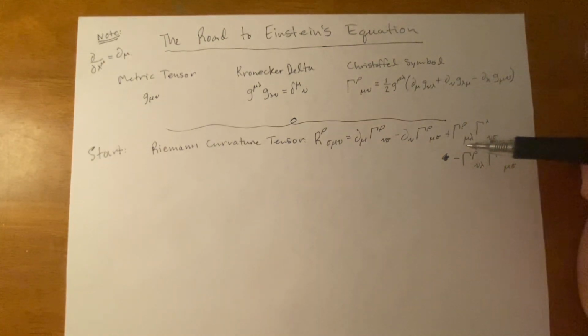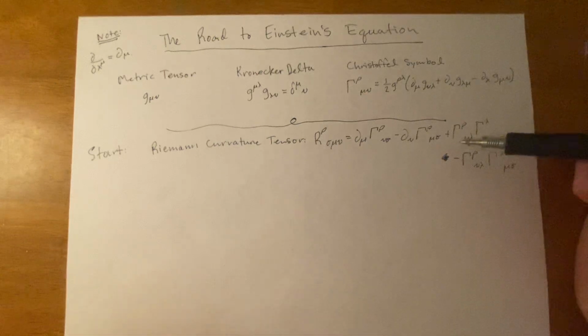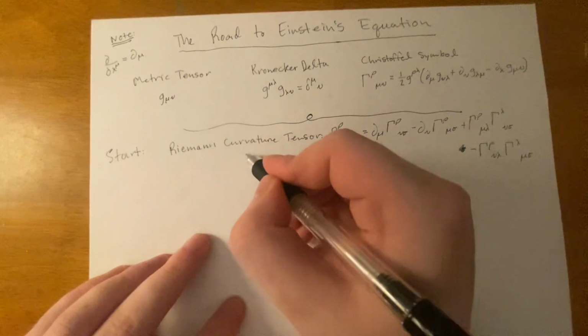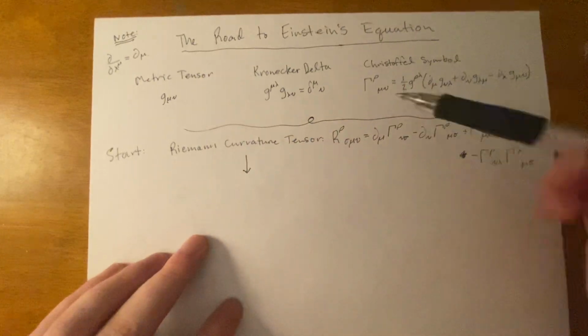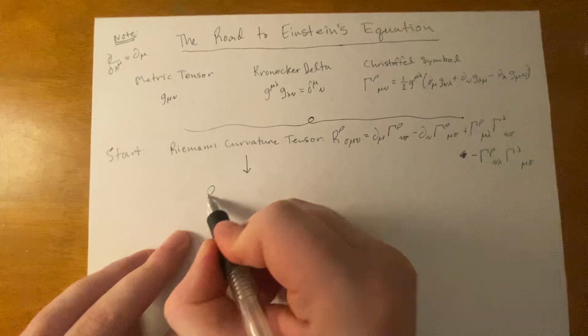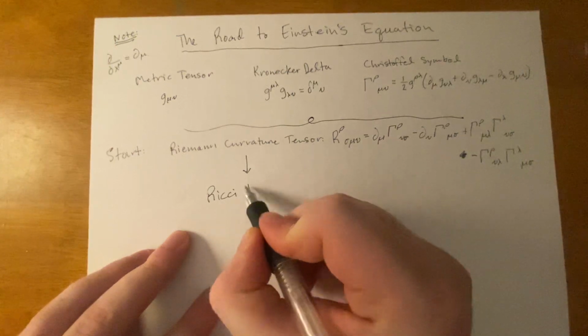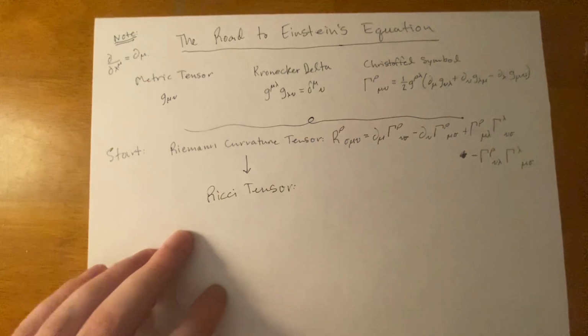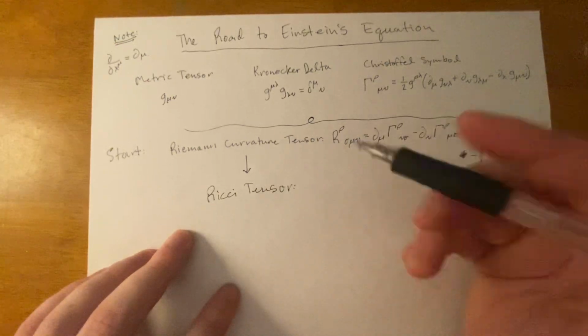That's where something like Mathematica would be lovely. So we start with that, and we contract it by summing over the first and third indices to get the Ricci tensor. This is a lot shorter to write out, at least in its summarized form.